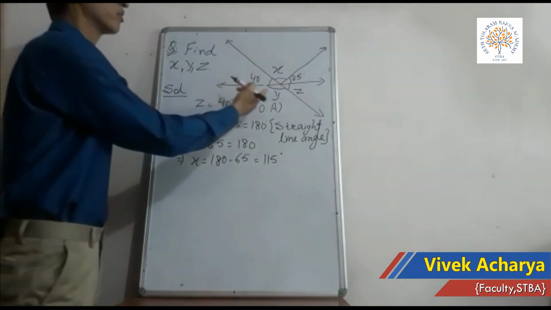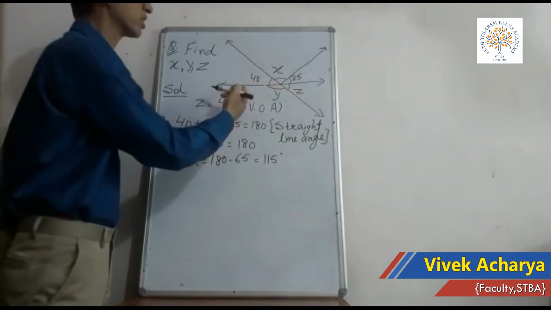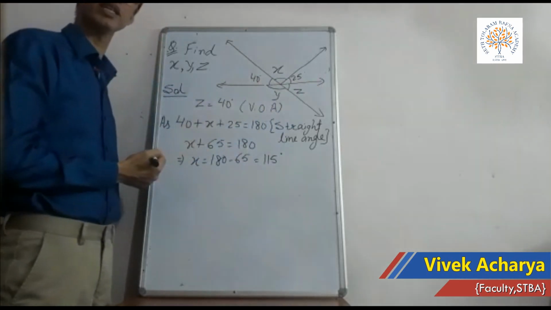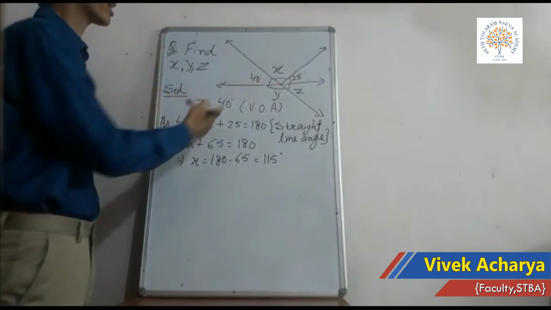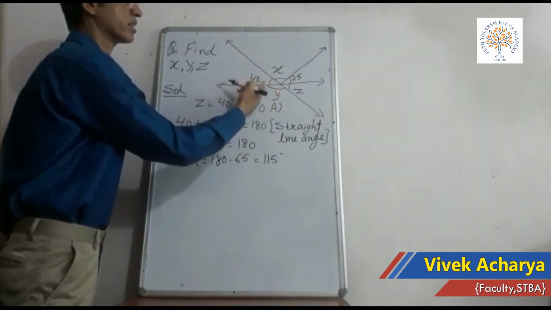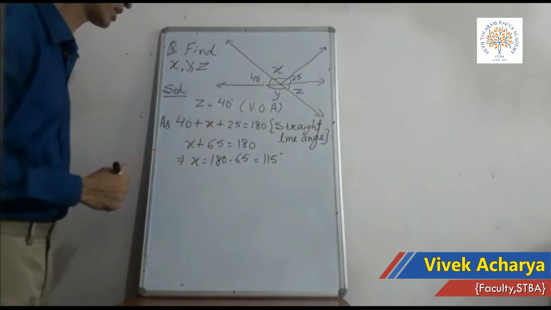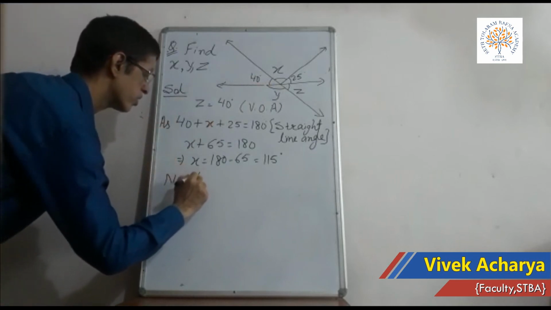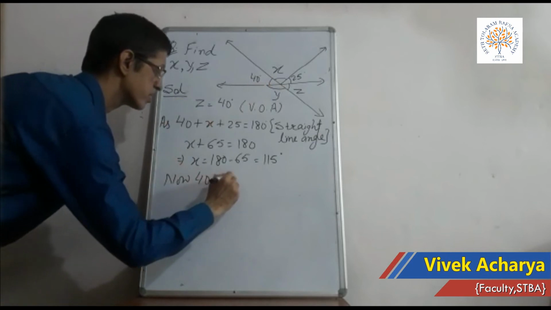So we can also write y plus z equals 180, linear pair angles. Also you can say 40 plus y is 180 by linear pair angles. So 40 plus y is equal to 180 degrees. Linear pair angles, LPA.